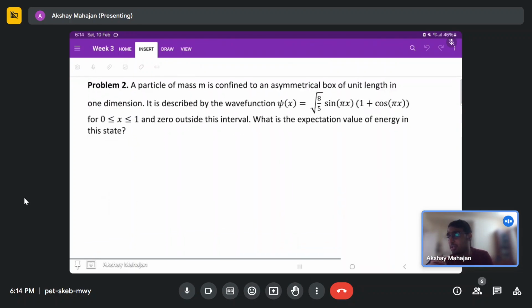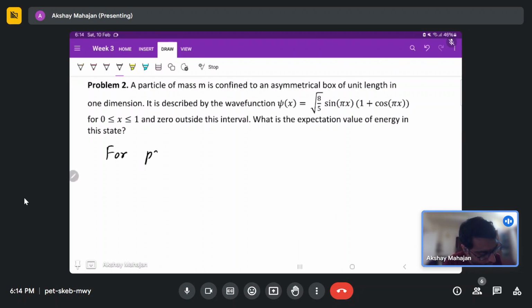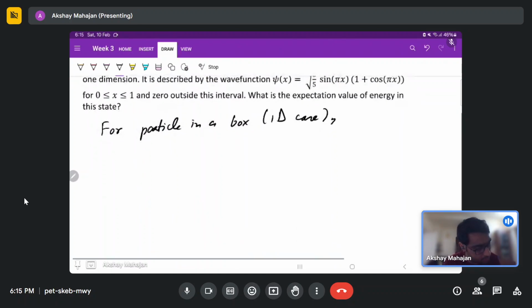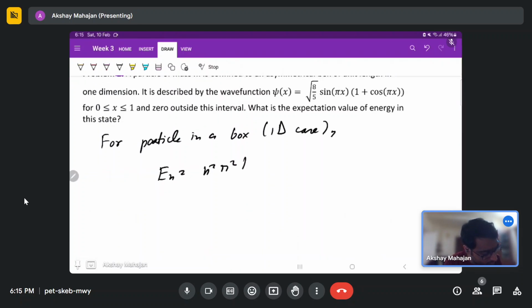Alright, I forgot to do the normalization there, so let me just do it. Again, for a particle in a box, 1D case, we have seen that the energy is given by En equal to n²π²ħ² by 2mL².